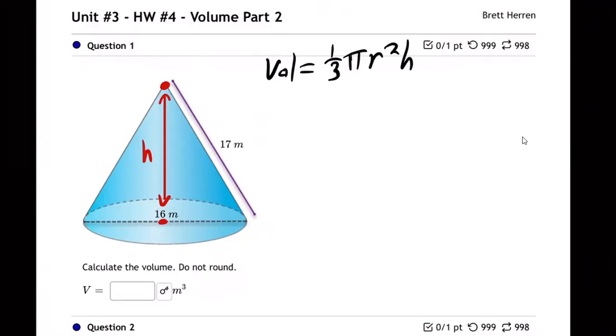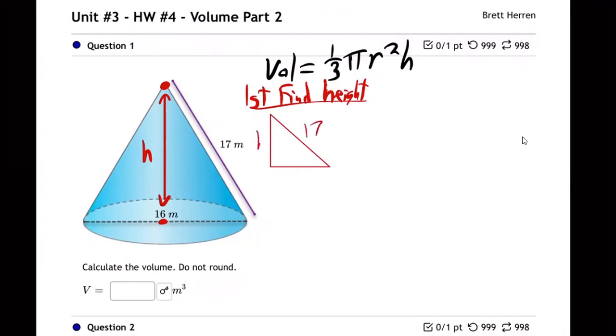So we don't know the height. So first we have to find the height. That's the first order of business. So how are we going to find the height? Well, do you see it? We have a right triangle, don't we? This is the 17, and this is the height h, and this is going to be 8, isn't it?